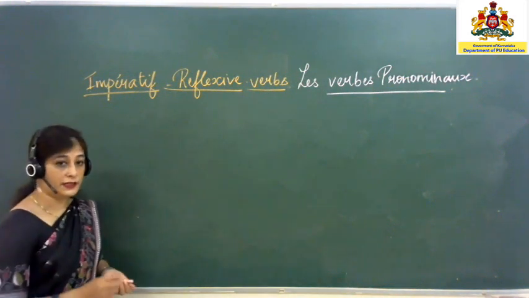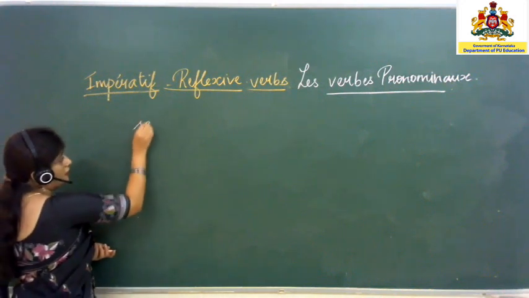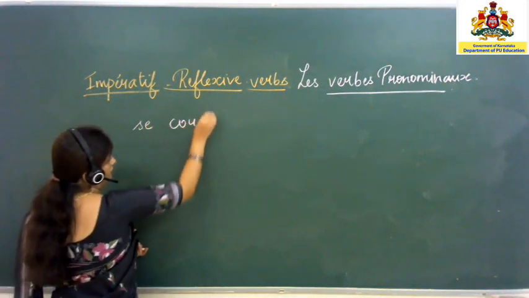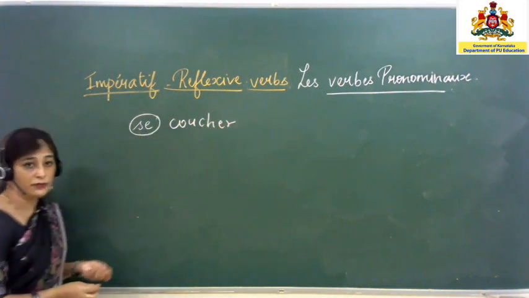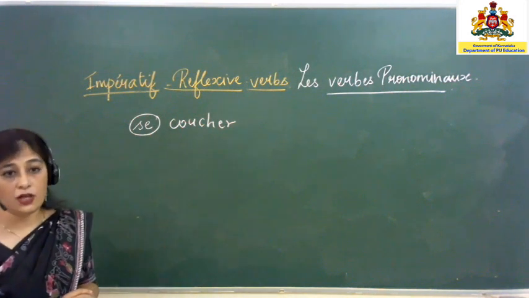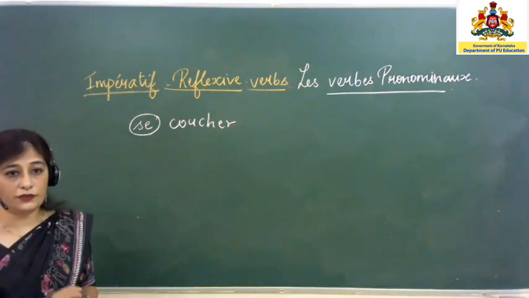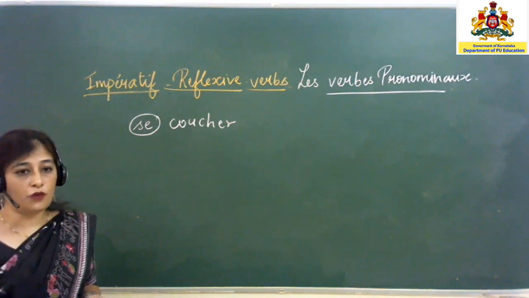So what is a reflexive verb? We have learned it in the first view. Se coucher. Verbs which have this se before them are called reflexive verbs. The rule remains the same. From the present tense of the given verb, tu, nous, and vous person, remove the subject pronoun and take the conjugated form of the verb.